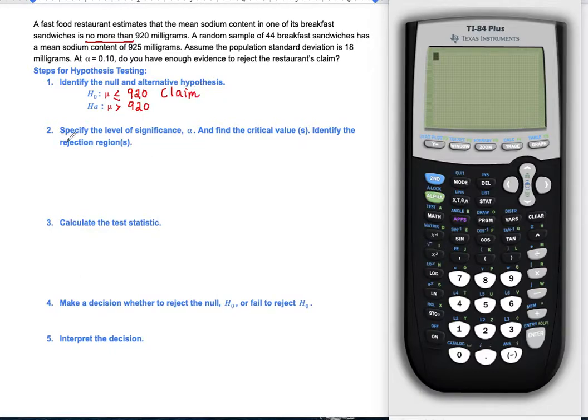Step 2, specify the level of significance, alpha, and find the critical value or critical values. Identify the rejection region or rejection regions. The alpha level we're given is 0.10. We are going to have exactly one critical value because this is a right-tailed test, and we know that because the alternative is a greater than statement.